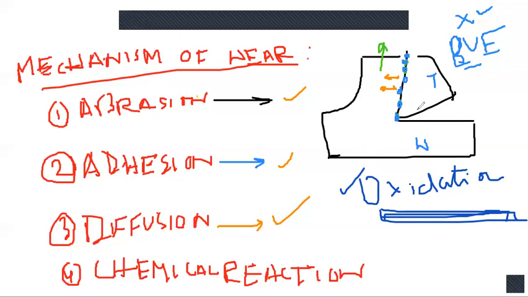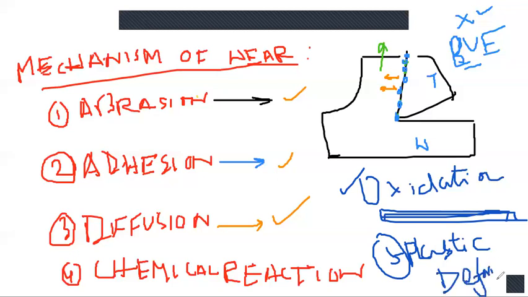There is another failure, the fifth failure, which is plastic deformation. We already know plastic deformation, how it occurs.